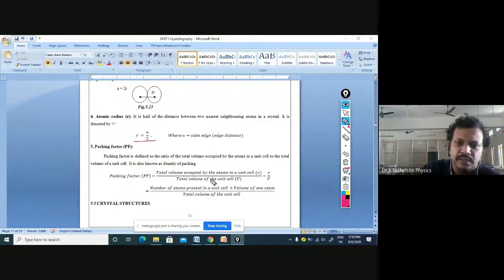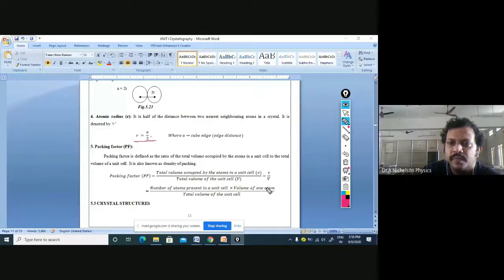So that's what is given here. It's given by small v by capital V. Small v is the volume of the total number of atoms present in the unit cell. It is written like this: number of atoms present in the unit cell. For example, if it has 4 atoms, then 4 into the volume of one atom.